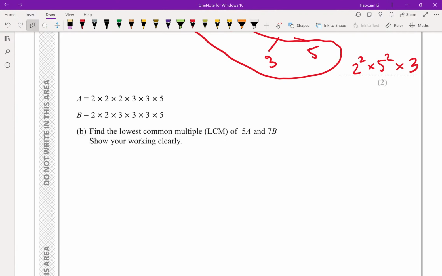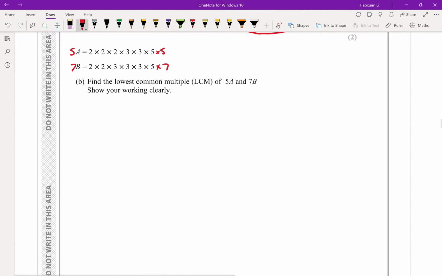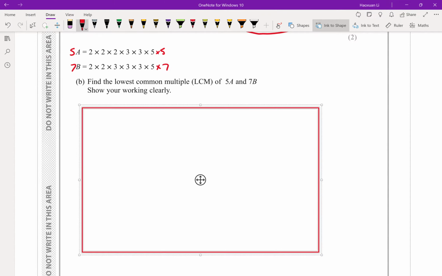Now, A is equal to 2 times 2 times 2 times 3 times 3 times 5. B equals 2 times 2 times 3 times 3 times 3 times 5. So find the lowest common multiple of 5A and 7B. I would love to do that. I'll just times 5 here to make life simpler, and draw a Venn diagram.